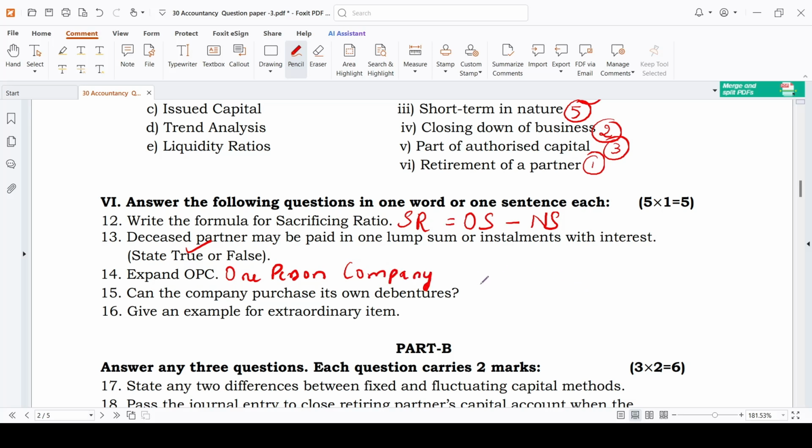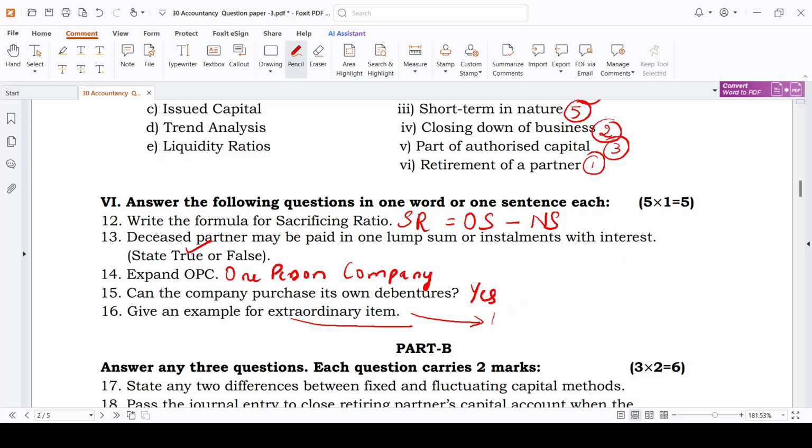Can a company purchase its own debentures? Yes, a company can purchase its own debentures. Give an example for extraordinary item. If you have incurred any loss due to fire, theft, or earthquake, those are examples of extraordinary items.